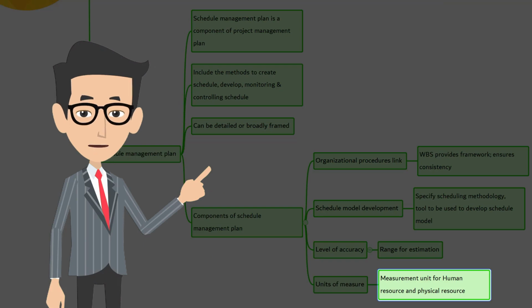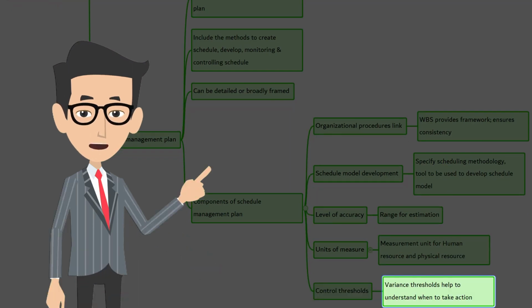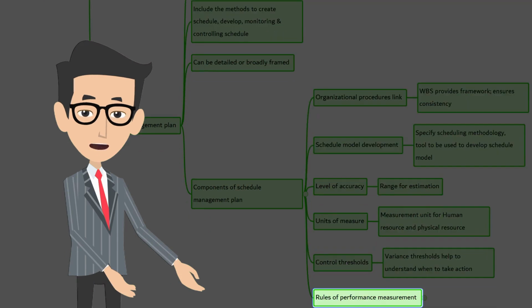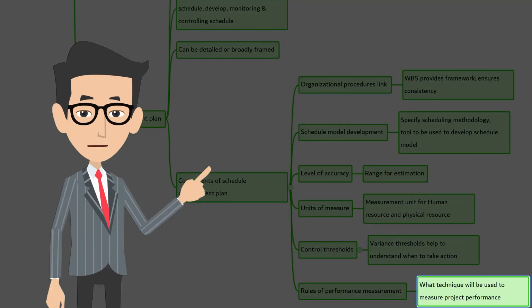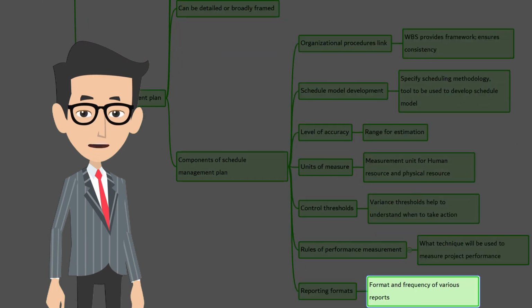I hope you remember it. We discussed liter, meter, etc. The control threshold that specifies variance threshold that helps to understand when to take action. Rules of performance measurement, what kind of techniques will be used to measure the project performance, and the reporting formats, where the format and frequency of various reports are detailed.